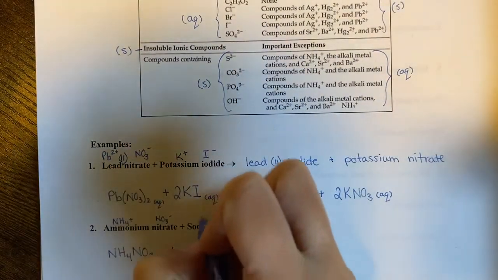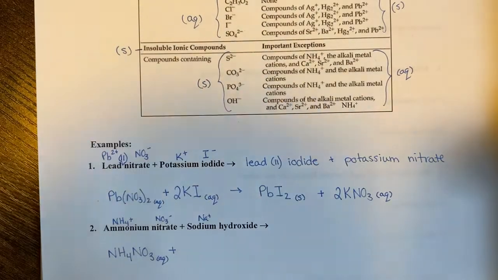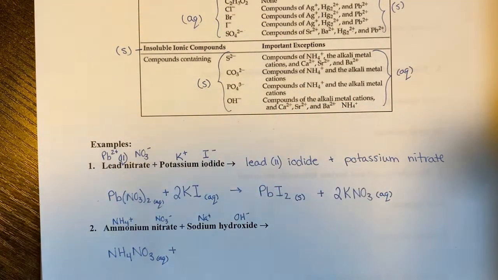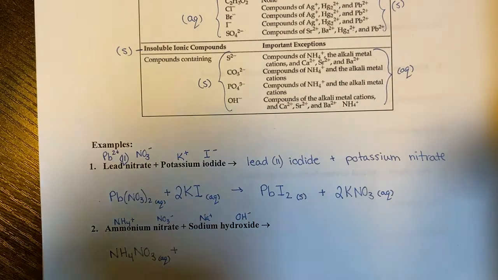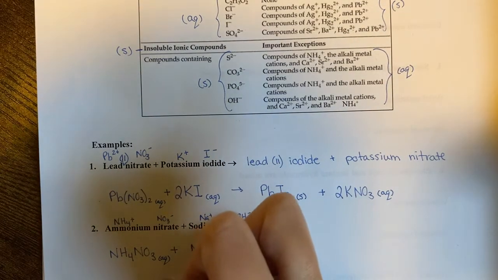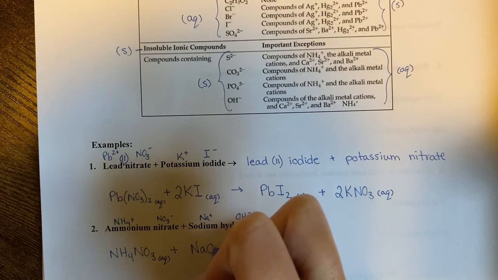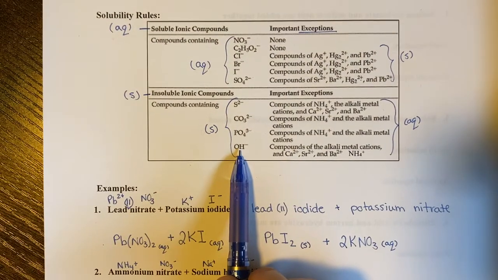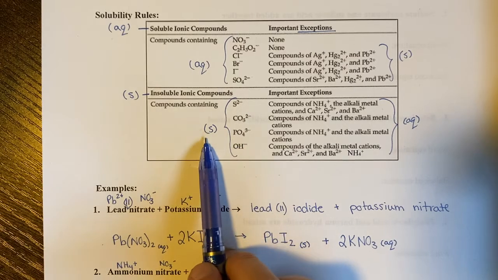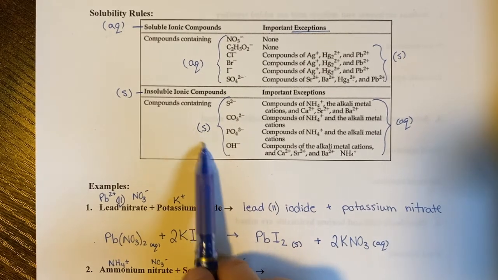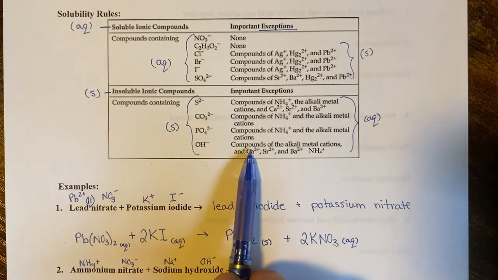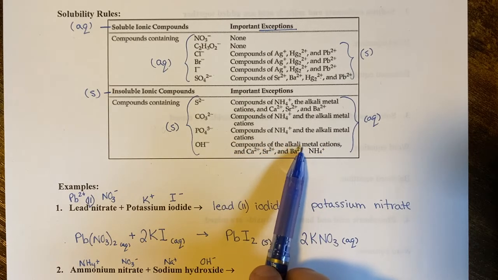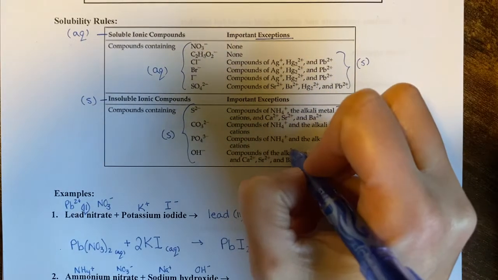Sodium hydroxide, sodium is Na plus. Hydroxide is a polyatomic ion, OH minus. Crisscross, and we get a 1-to-1 ratio, so NaOH. Hydroxide is on the list of usually insoluble ionic compounds, but if you look at the list here, any alkali metal, so alkali are the group 1.